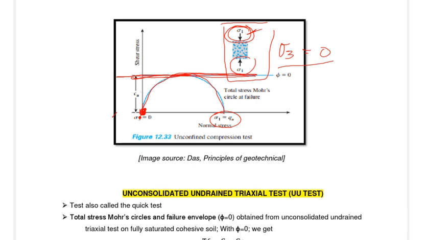So, this is our undrained shear strength parameter Cu. So, there is no failure envelope for the UC test since we have only one Mohr circle in this test. So, this is how our Mohr circle looks if we have an unconfined compression test. Our phi is 0, our sigma 3 is 0.